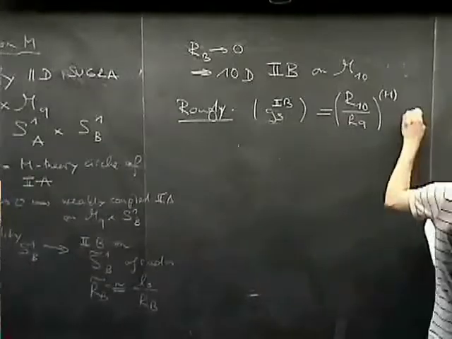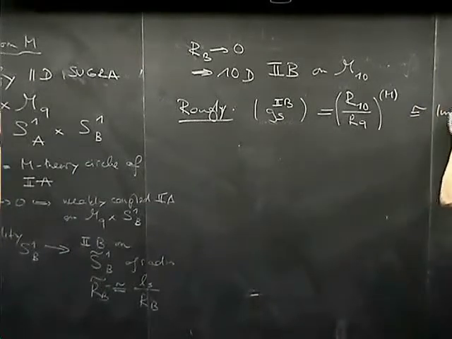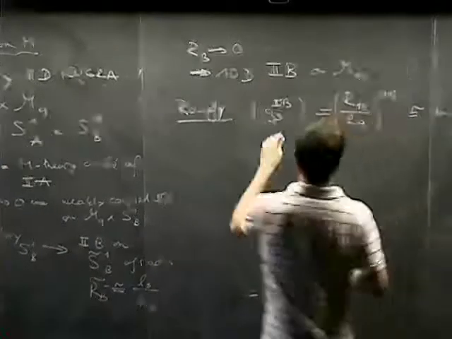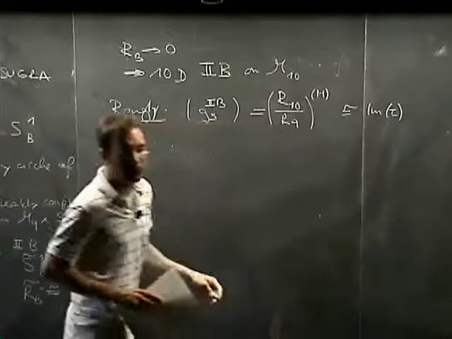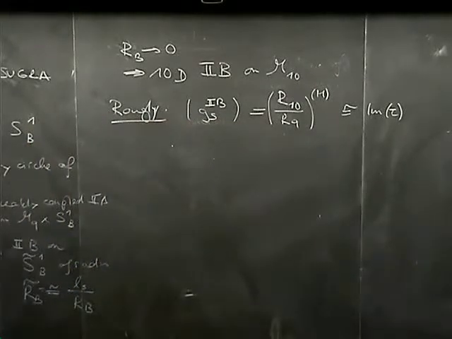Very, very roughly speaking, which basically would be the imaginary part of tau. So two important things to remember. First, we need the volume of the torus to go to 0 in M-theory. Not every M-theory compactification on a two torus will give rise to a type 2b compactification. We really need the torus volume to be 0.